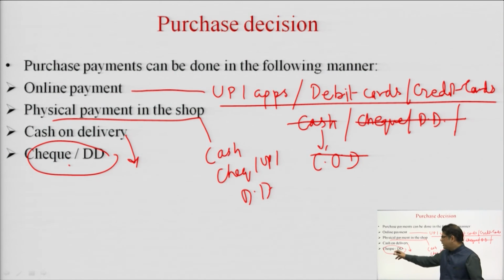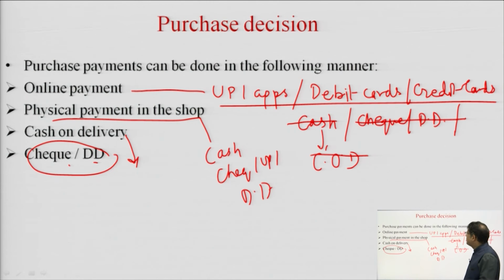Customers prefer to use check and demand draft, such as when purchasing a home or a car. So, this is the step in which the purchase decision is taken, and a purchase decision is incomplete without making payments, and payments can be made in the following manner in the steps which are enumerated here.